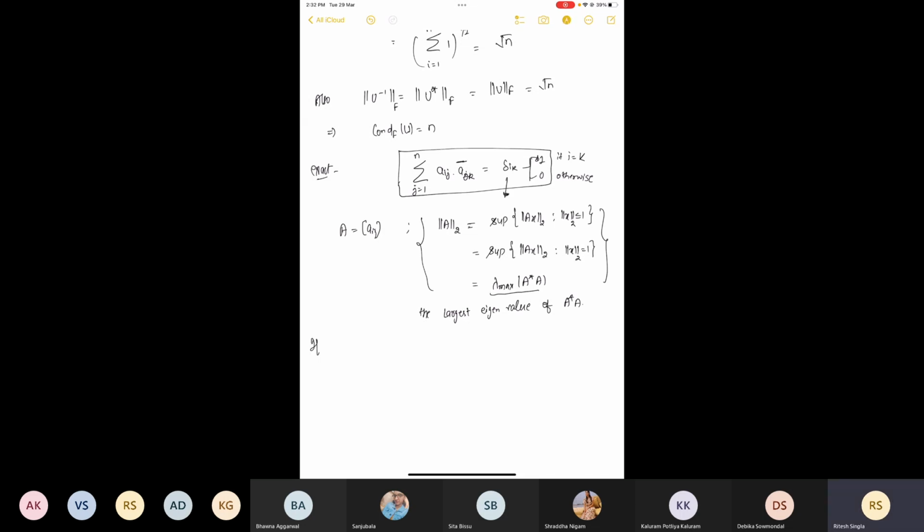Now if U is a unitary matrix, then the L2 norm of U is nothing but the square root of lambda max of U star into U, right?